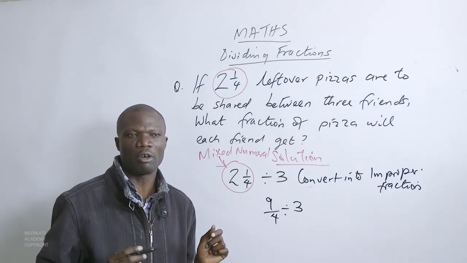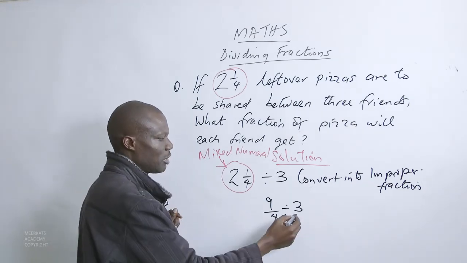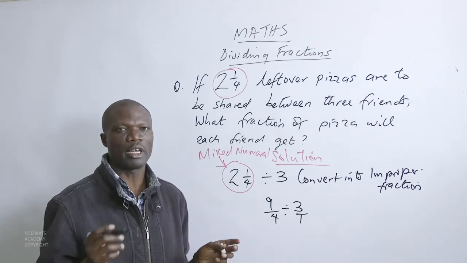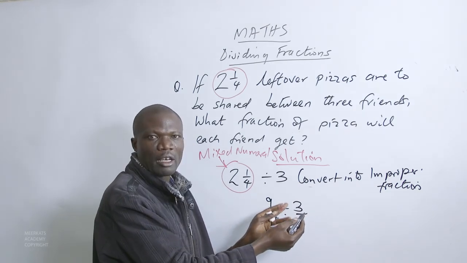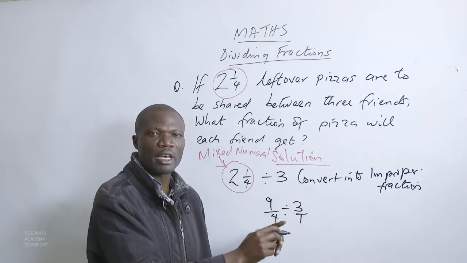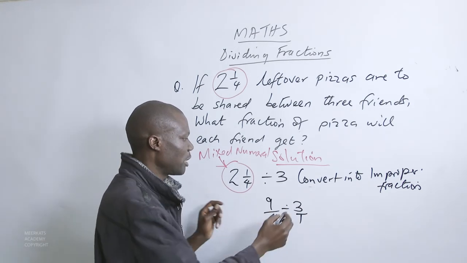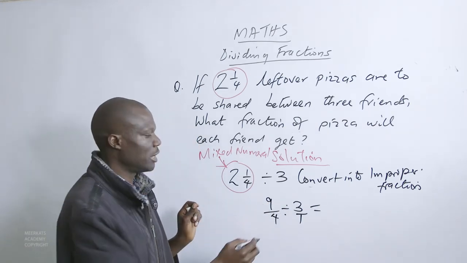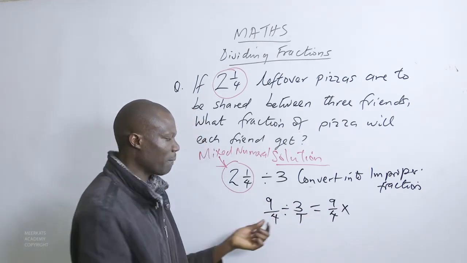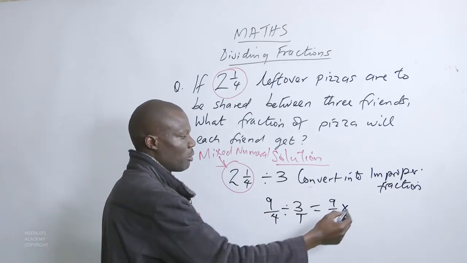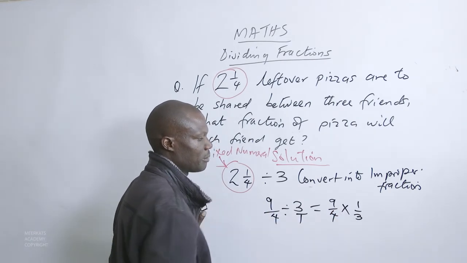We are dividing by a whole number, so we introduce the denominator of 1 so that we are able to find the reciprocal of 3. Given that we have 3/1, we can invert the numerator and the denominator and find that what we shall get here is now 9/4 multiplied by the reciprocal of 3, which is 1/3.